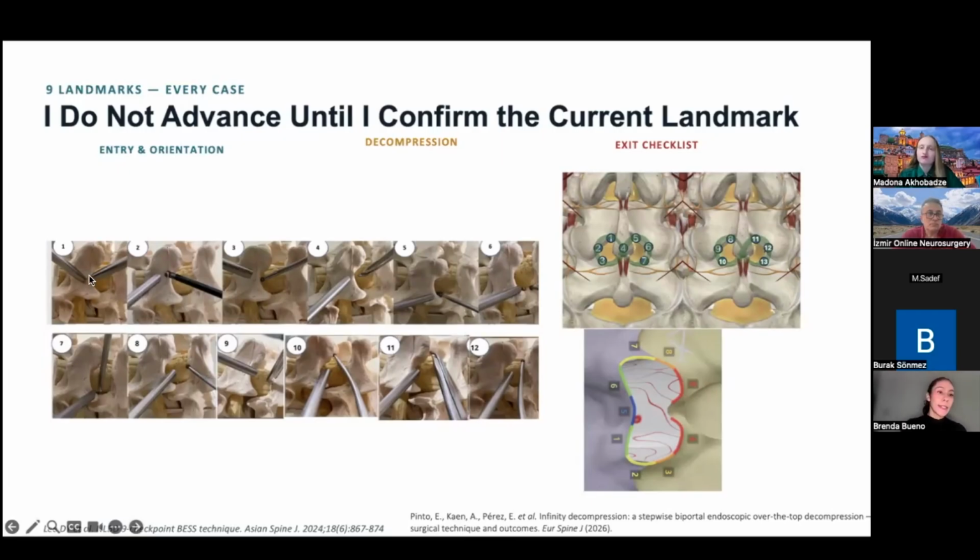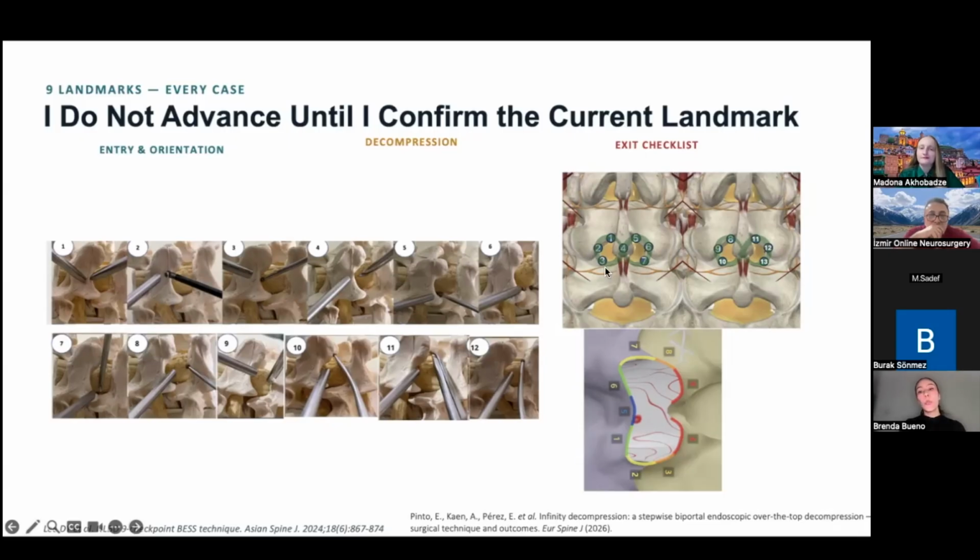I start at my landmark, clean my lamina, then work with the drill, complete with Kerrison, go to the ipsilateral facet joints, then the ipsilateral lower lamina, and then pass to the medial line, go to the contralateral lamina, contralateral facets, and finish in the inferior lamina.